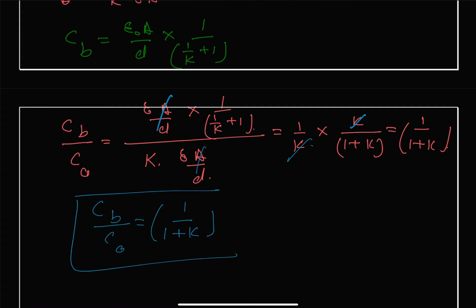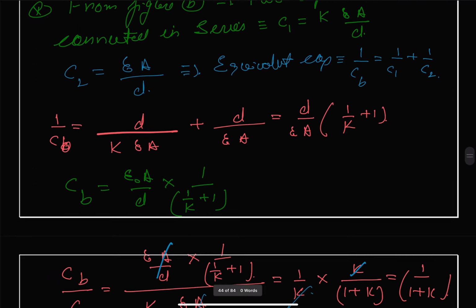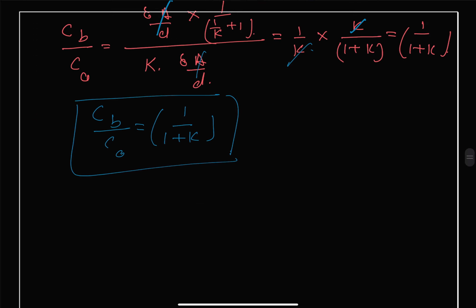So let us check the option which states that the electric field inside the dielectric material is reduced by a factor of 2. Let us find out whether this option is correct or not. So we can say option A. From figure A, the entire gap is filled by dielectric.